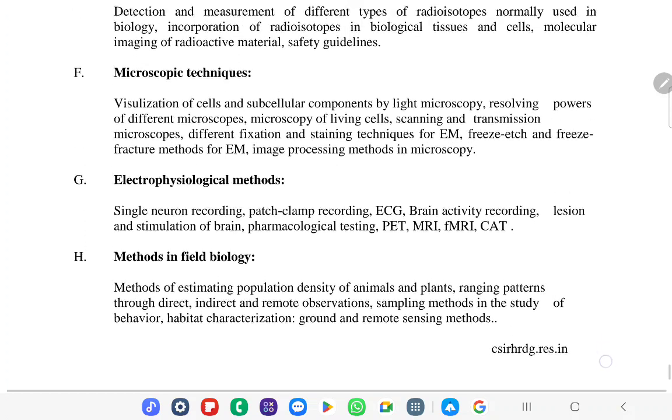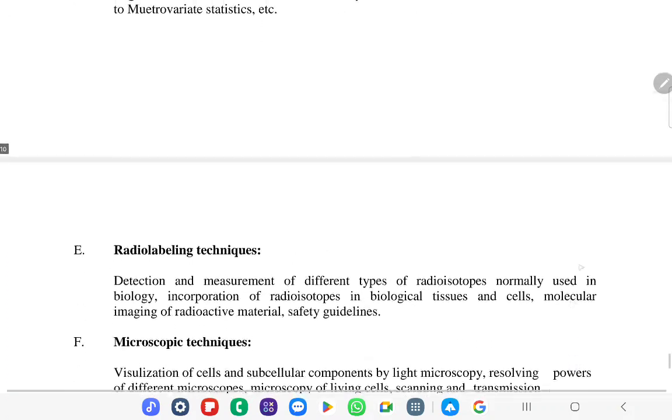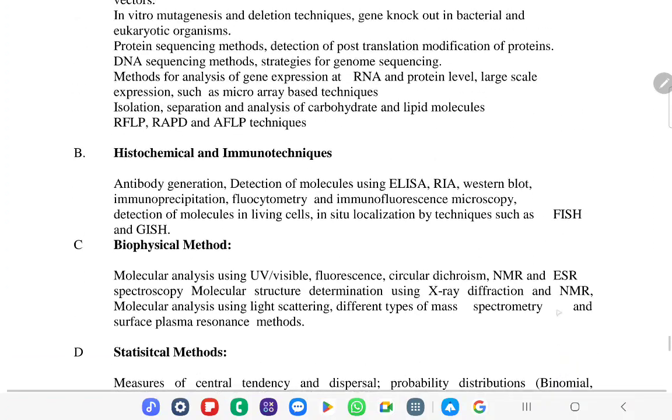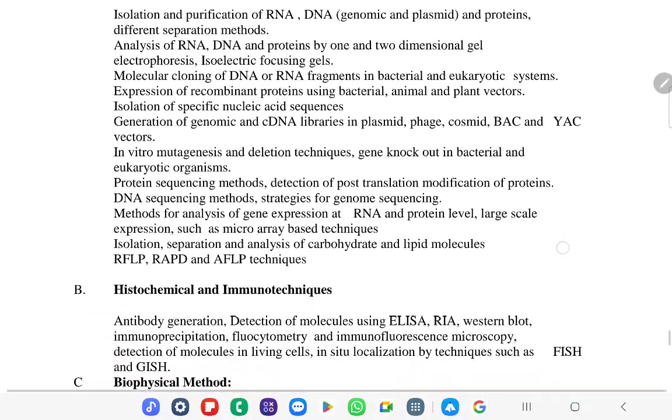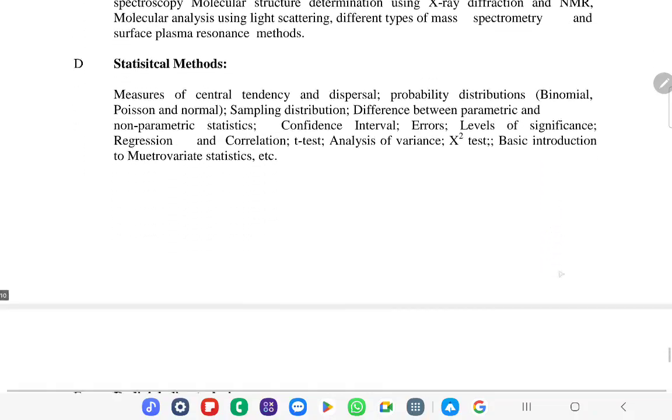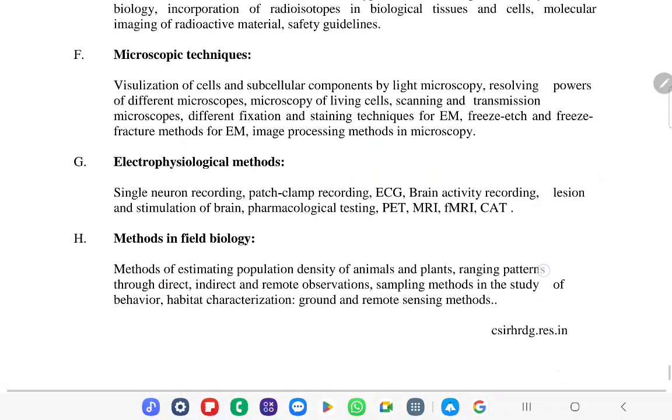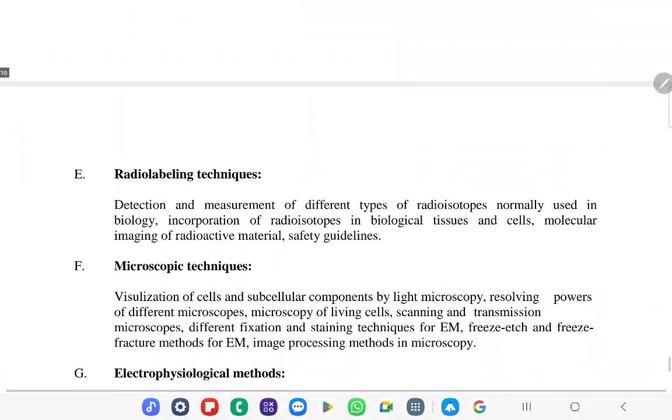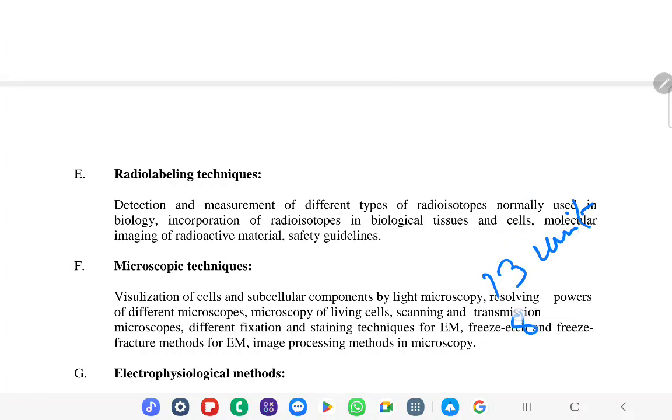So this is completely about the 13th unit, which includes 1, 2, 3, 4, 5, 6, 7, 8 subunits. So the 13th unit consists of 8 subunits.